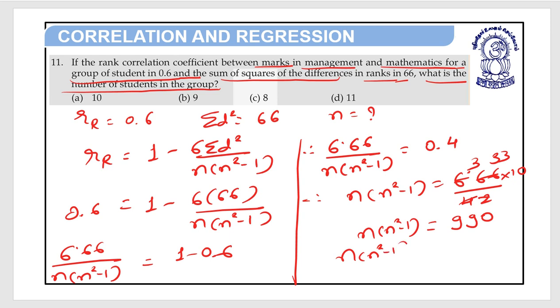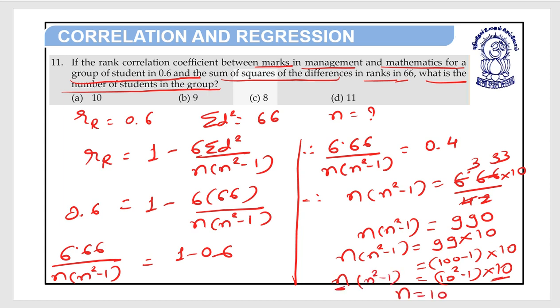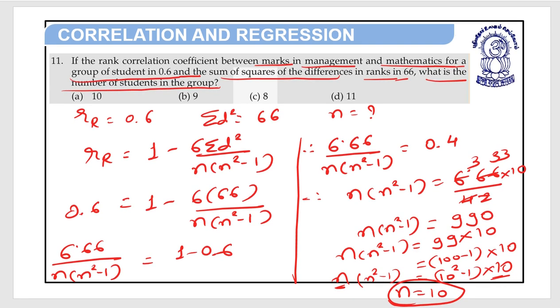So n into n square minus 1 is equal to 99 into 10, that is 100 minus 1 into 10, or 10 square minus 1 into 10. Comparing with n, n is equal to 10. So option A is the right answer. N is equal to 10.